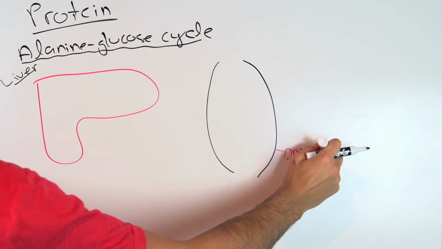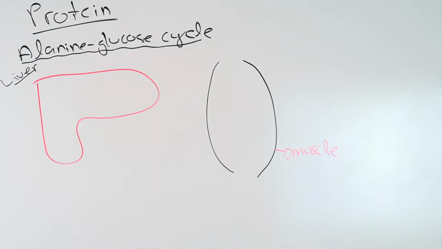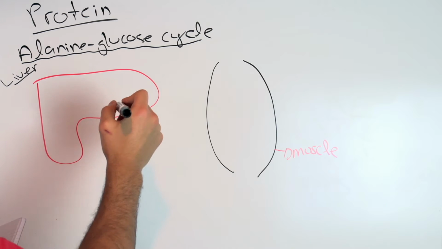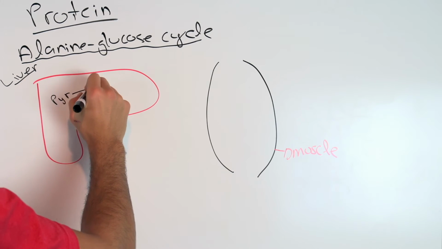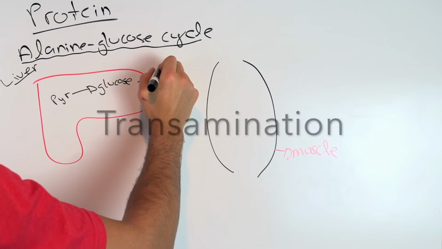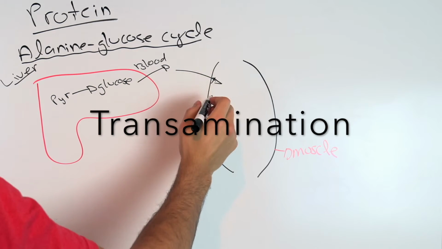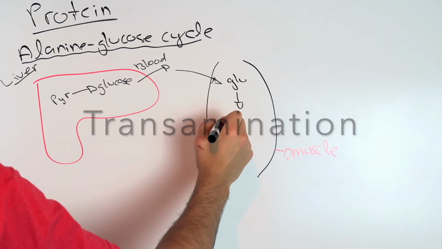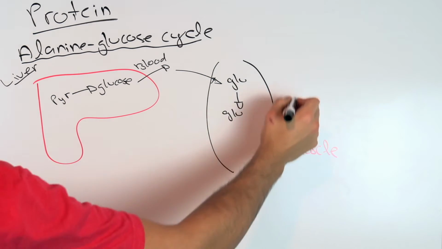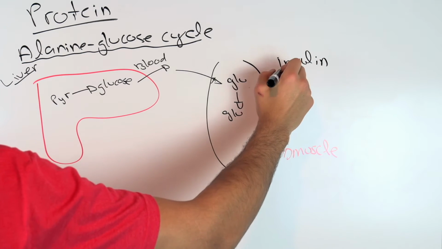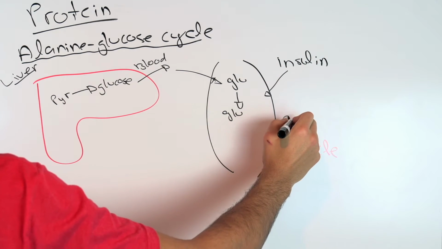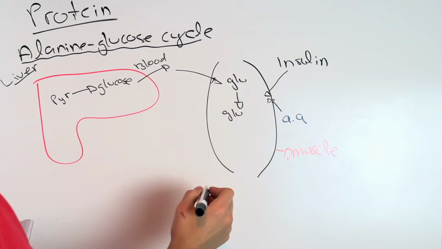Here's my muscle fiber that I'm drawing for you guys, okay? Amino acids will enter the muscle fiber with insulin. They get cleaved of their NH2 group, okay? This is for the process of making more glucose. So as glucose gets broken down in the muscle fiber, and the amino acid gets cleaved of its NH2 group, those two molecules will add together to pyruvate, right?